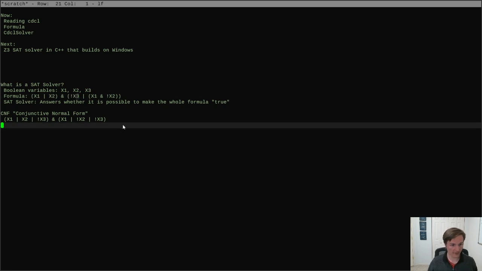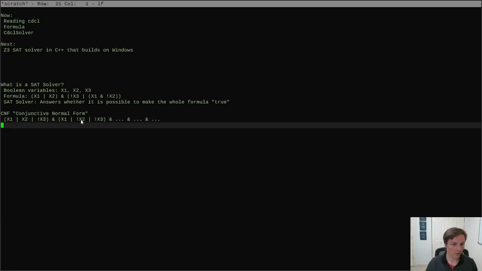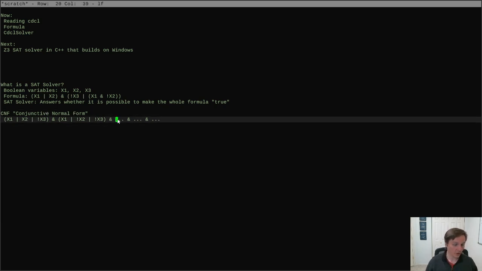Again, we're looking at a thing like this, and it can go on and on, having all these things ANDed together. If any one of these is fully false, then the whole thing is false, because it's a big chain of ANDs. So if any one clause comes out false, the whole formula comes out false.